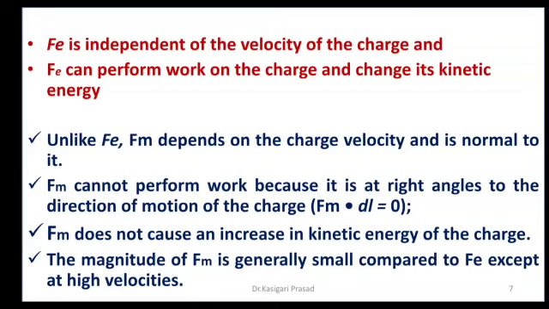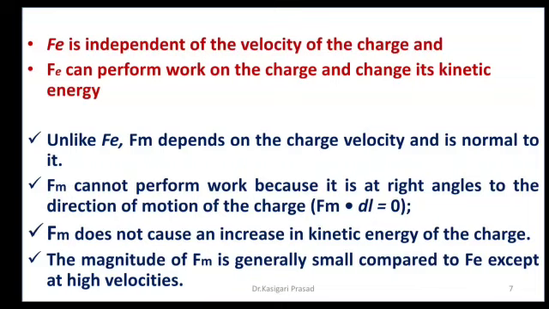Unlike Fe, Fm depends on charge velocity and is normal to it. Fm cannot perform work because it is at right angles to the direction of motion of the charge, so Fm dot dl is equal to 0. Fm does not cause an increase in kinetic energy of the charge. The magnitude of Fm is generally small compared to Fe except at high velocities.